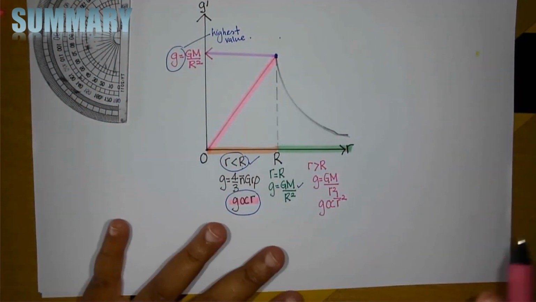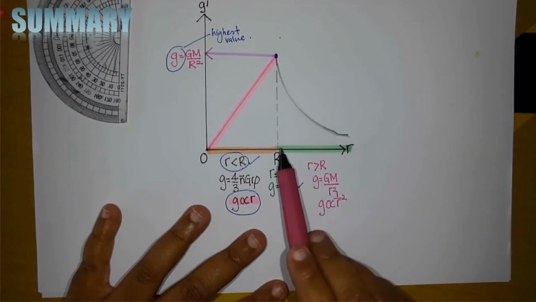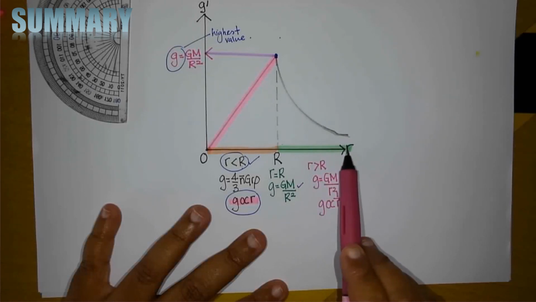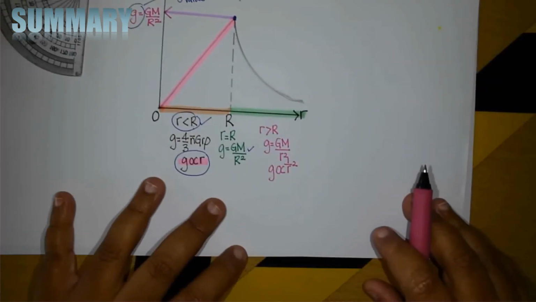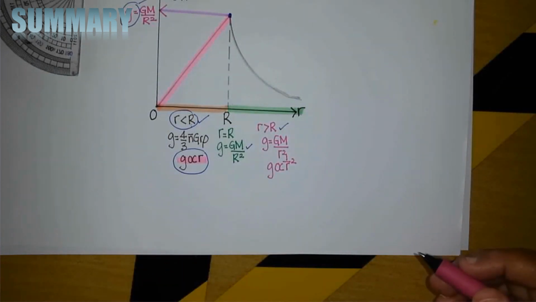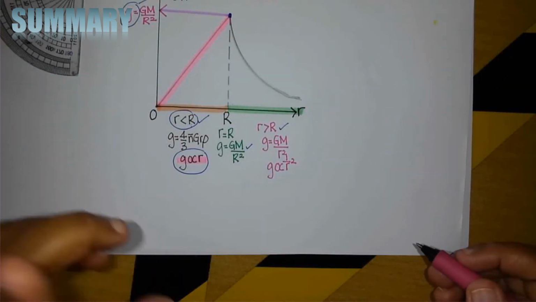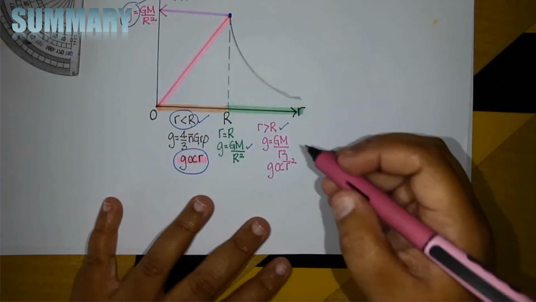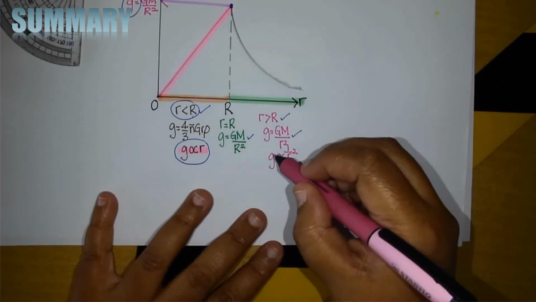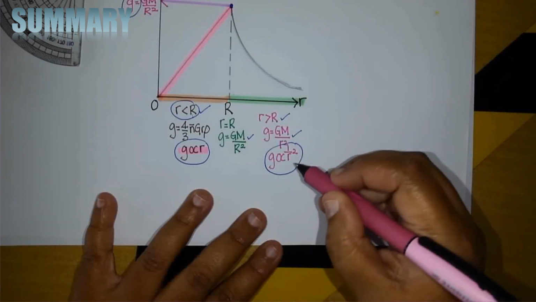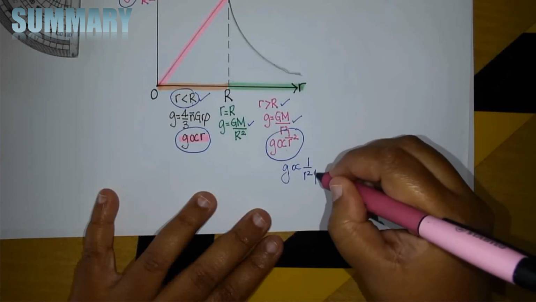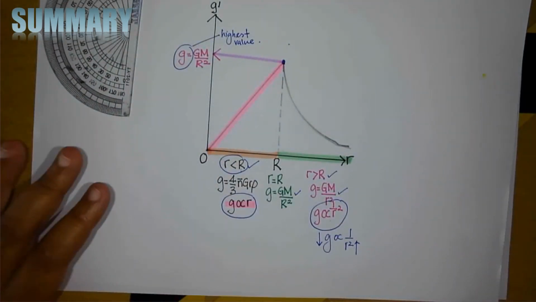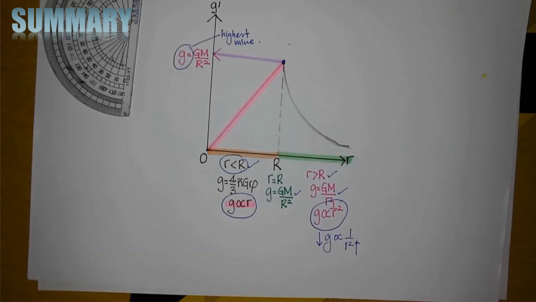Then as the distance increases from the surface of the earth, we realize that g decreases. Here r is greater than the radius of the earth. From the formula, g is inversely proportional to 1 over r square. So when r increases, g decreases. That is the reason you have this line.